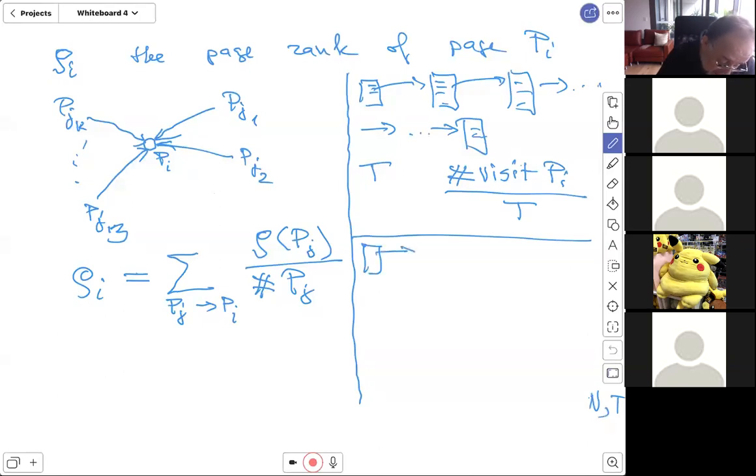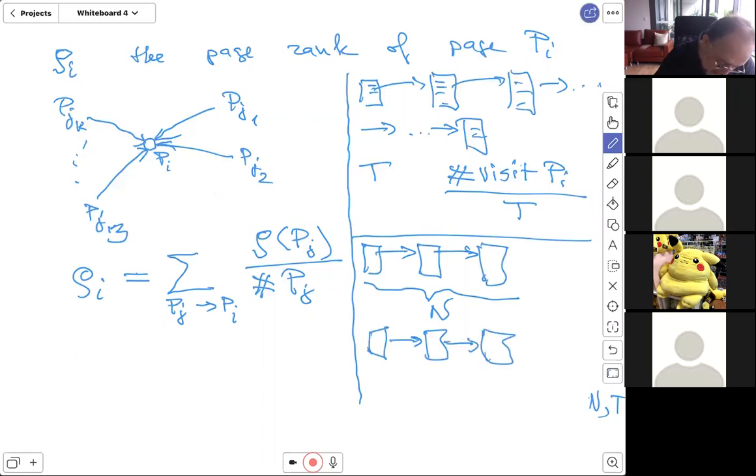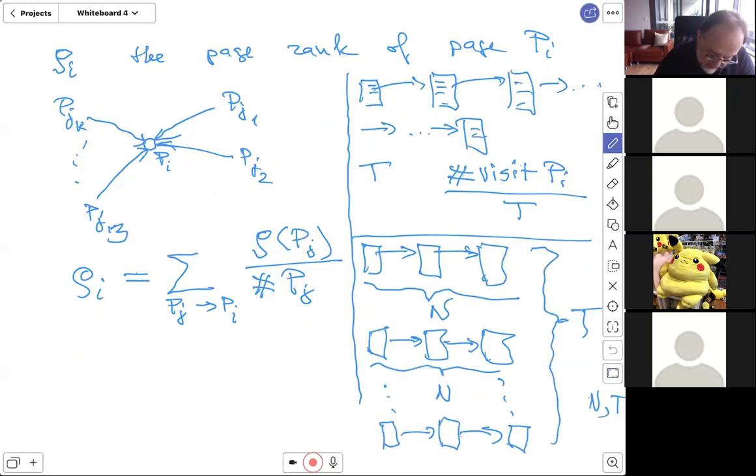You start just like above by following randomly chosen links altogether N times, and then you repeat this experiment T times. So this is also N times following the link and so forth, right? And the total number of experiments is this large number T.